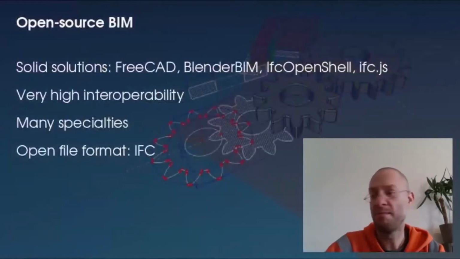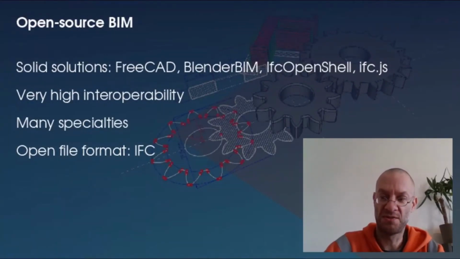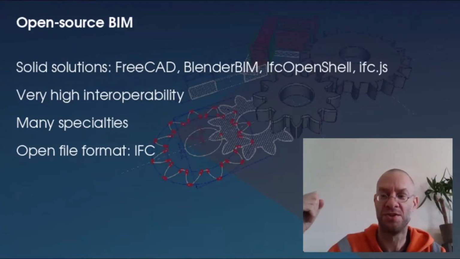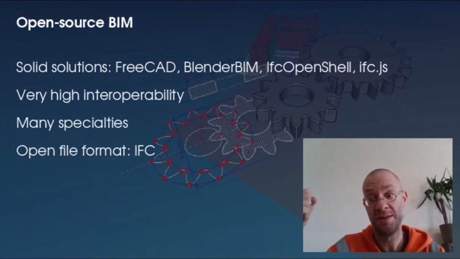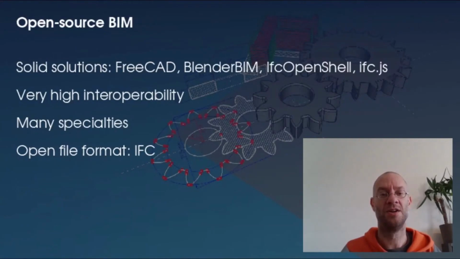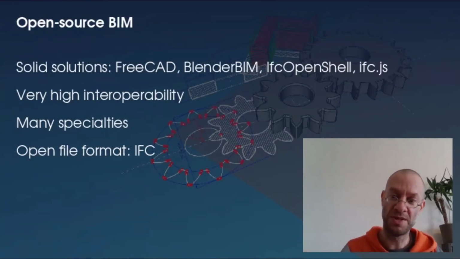IFC.js. There are many others. All of these pieces of software have very high interoperability, and they all communicate extremely well with each other. Most of the time because they use the same components, they have the same basis, but also because they use the same formats, and even more simply, they want to interoperate.